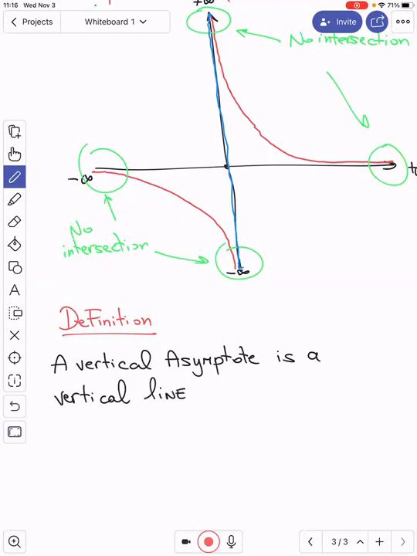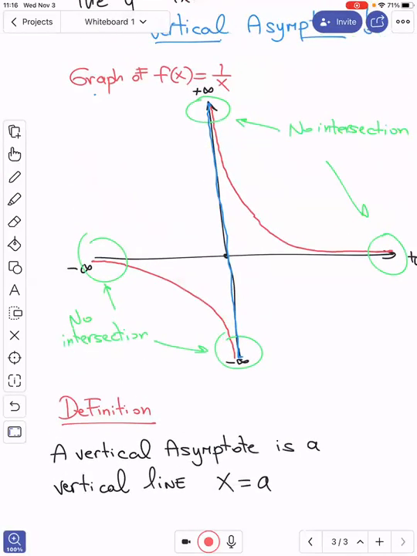And the equation of this vertical line, let's say, is x equal to a. So for example, for this y-axis, what's the equation of the y-axis?